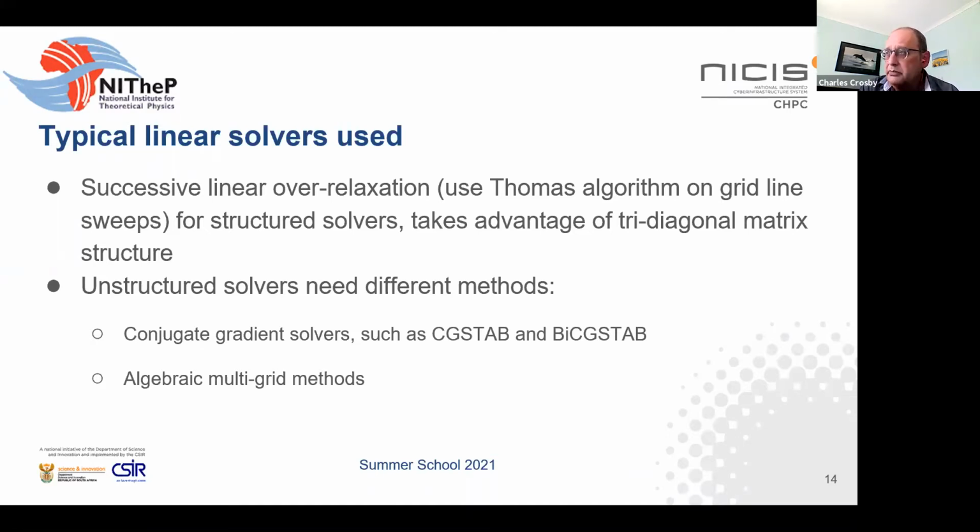Another interesting thing about the peculiarity of fluid dynamics equations, and this applies to any kind of sparse matrix equation. Paradoxically, because the matrices are so sparse, you actually need relatively few floating point operations at each iteration to get your solution.